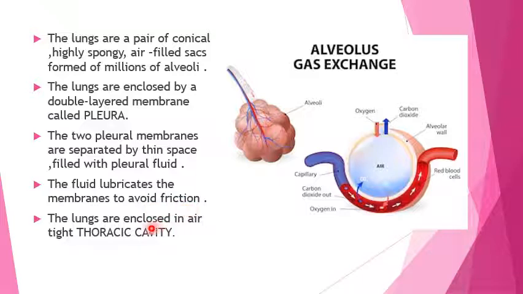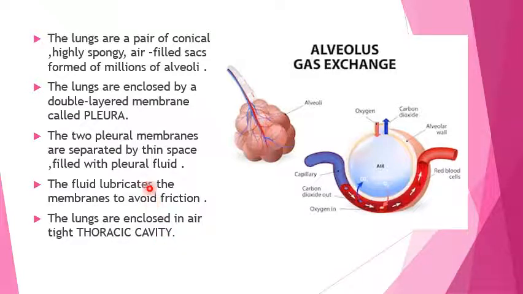And lungs are enclosed in the airtight thoracic cavity, and they all are resting on the muscular dome-shaped structure known as the diaphragm. Please write down this line too. They are resting on the muscular dome-shaped structure, D-O-M-E, known as the diaphragm.